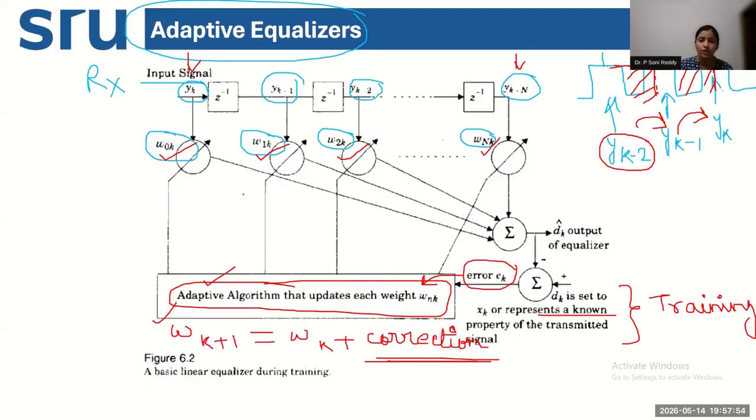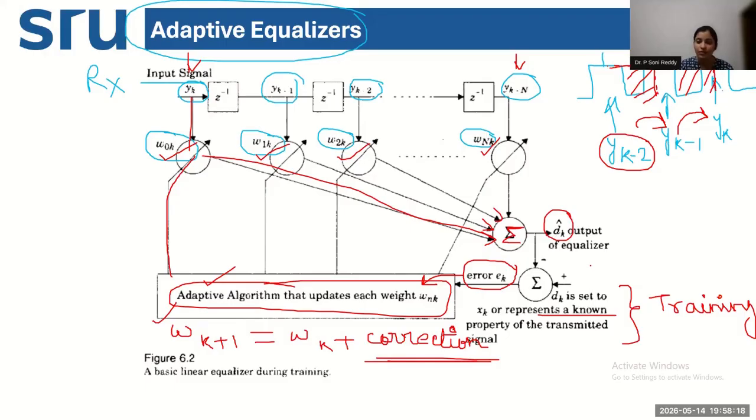Clear? Now when you multiply this constant factor with each symbol, you are generating the output here, and each output at the receiver is added up. You are taking a summation of each of the outputs and generating the output at the equalizer, which is your regenerated transmitted signal.